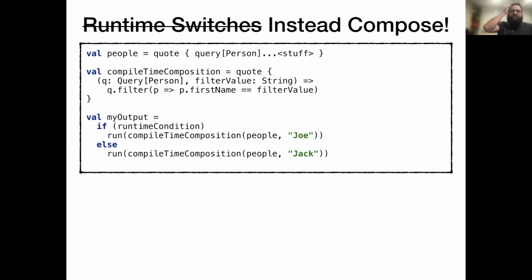The way that you do that is you try and save any kind of runtime choices that you're going to need to make until you need to execute this actual run call. So if we need one query or a different kind of query, try and do that as a condition at the end and put different kinds of run operators on it.